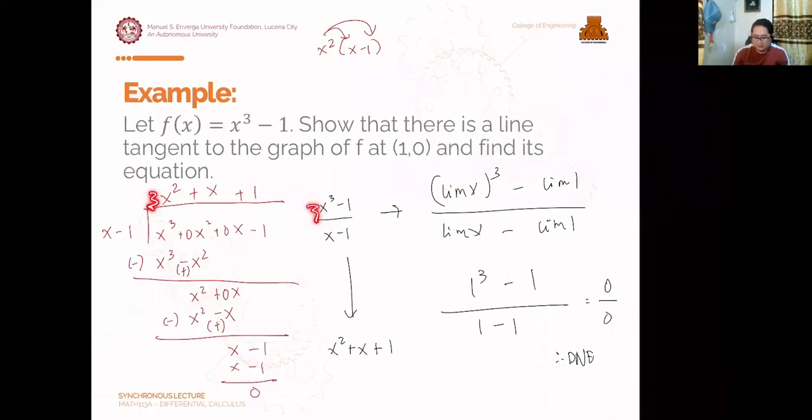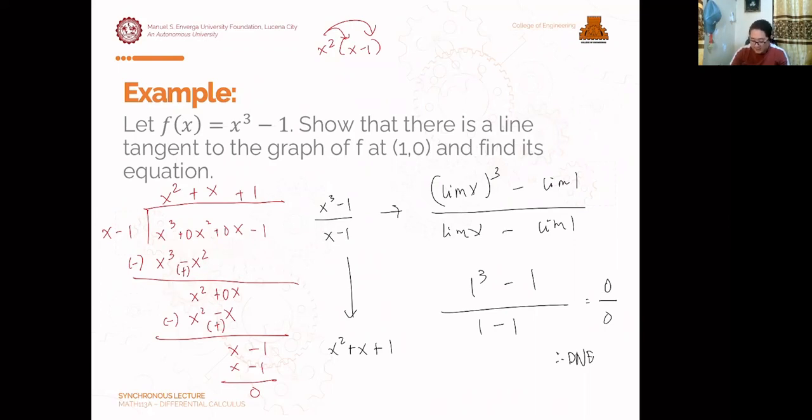Ay, hindi po. I mean po yung paglagay po dito sa division po. Halimbawa po, may kasama po siyang number, 3x cube. Yung example po, kunyari po, example natin 3x cube minus 1 po.